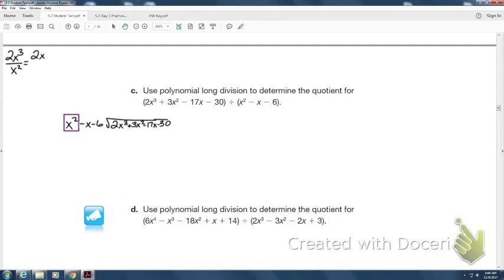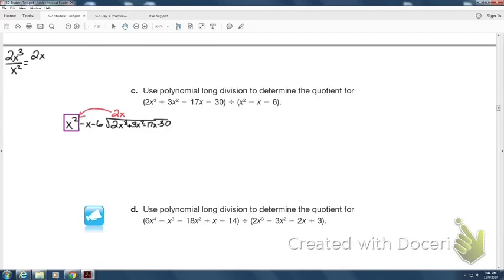I'm going to try to do this color-coded for you. So 2x. On the regular problem, we took the number that we got up here and multiplied it out. Now I'm going to have to take that 2x and multiply it by all three terms.